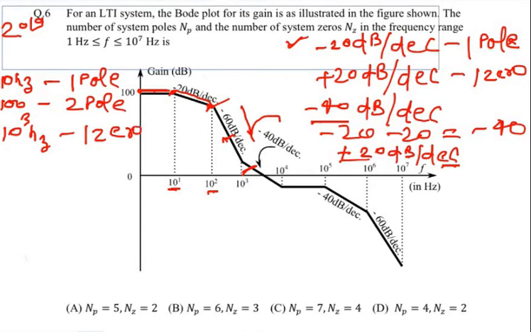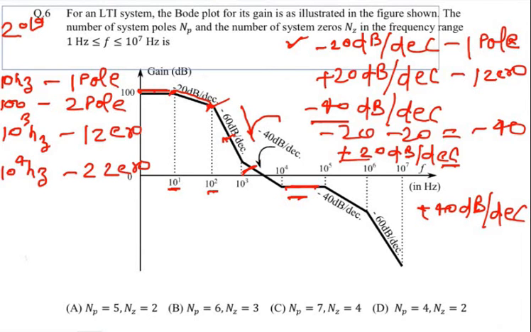Now the next corner frequency is 10 raised power 4. Here again there is no slope, which means a constant line is coming. So plus 40 dB per decade slope is adding, which means 2 zeros are introduced.